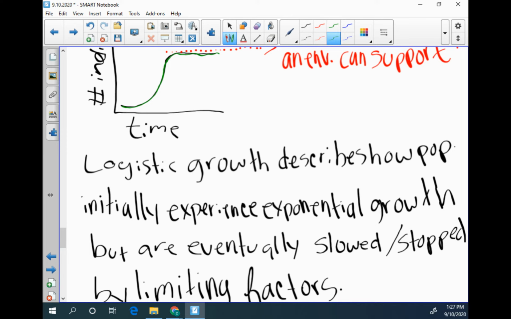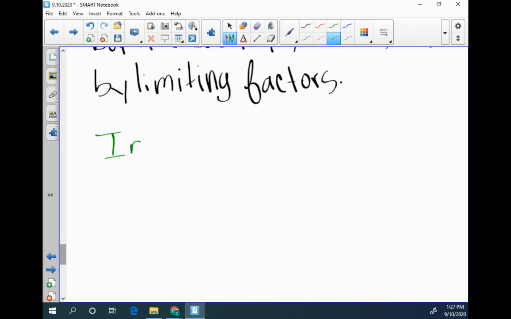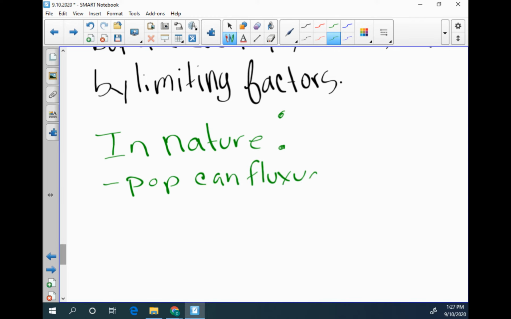So, in nature, populations can fluctuate or cycle near carrying capacity.